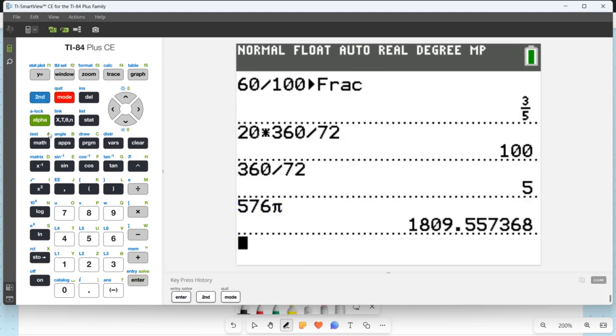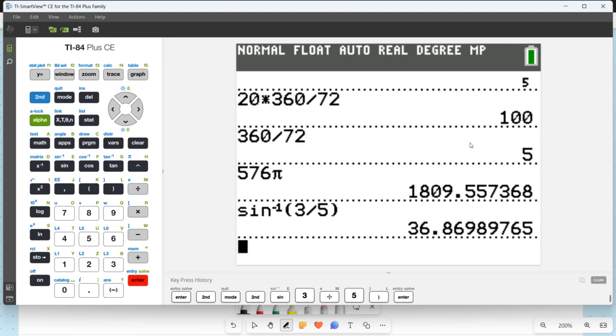And now I'm going to type in, sine inverse is in blue and it's above sine. So I'm going to type in second sine to bring up sine inverse. And I want sine inverse of 3/5. Essentially what this is saying is we're asking the calculator to identify the angle that would result in a sine ratio of 3/5. What is the angle that results in 3/5 as my sine ratio?